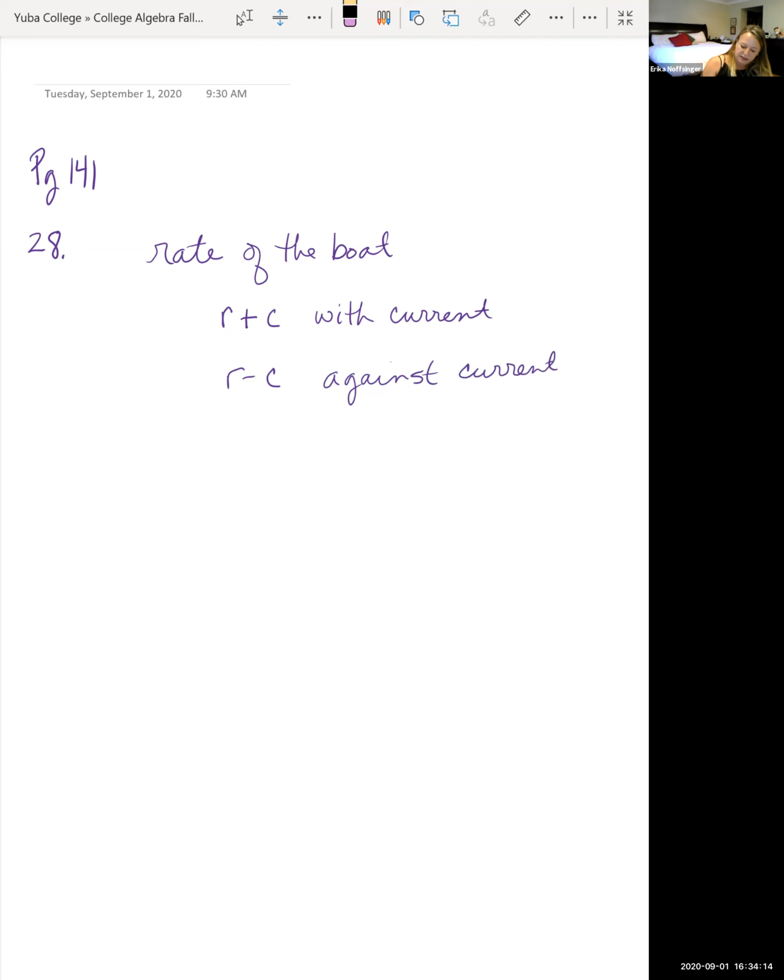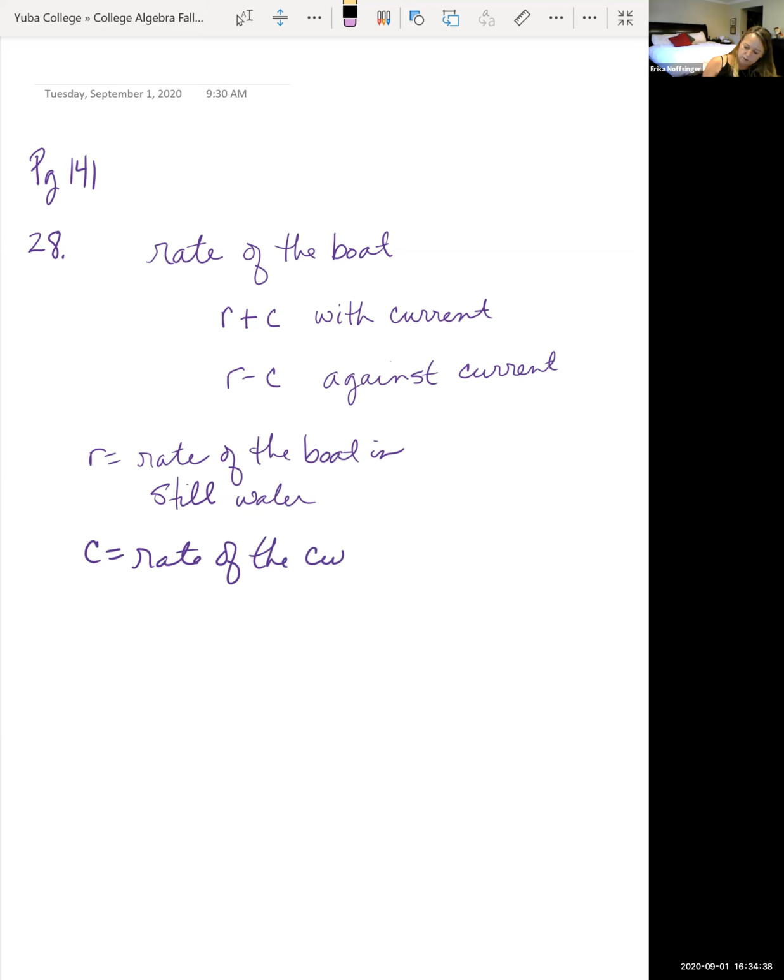Where R is equal to the rate of the boat or speed of the boat in still water. And C equals the rate of the current. Which in this case, C is equal to 3.